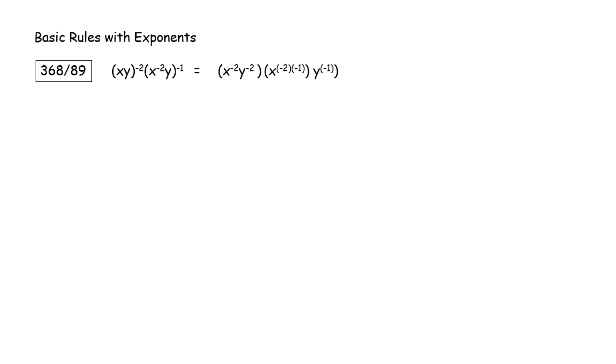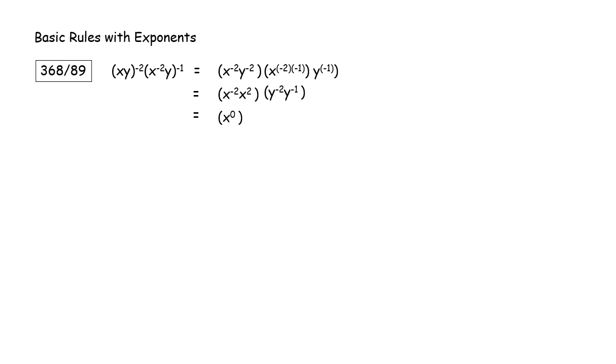Let's combine our bases starting with x. The first one we see is x to the negative 2, and the second is x raised to the negative 2 times negative 1, which now becomes positive 2. For the next base, y, we have y to the negative 2, and the second y is to the negative 1. We'll combine further using the first rule of working with exponents with the same bases, where you add the exponents.